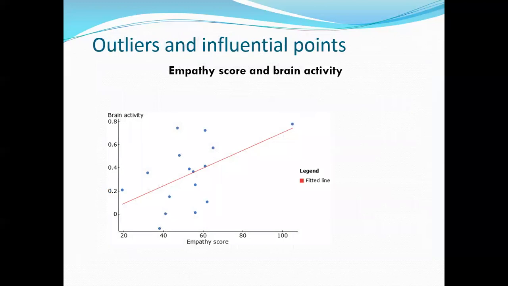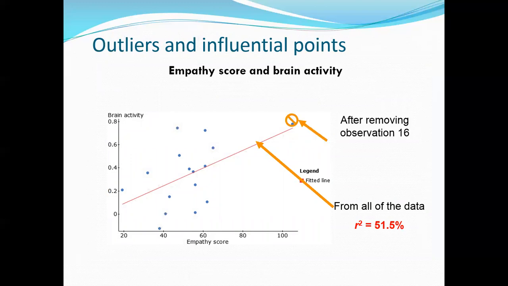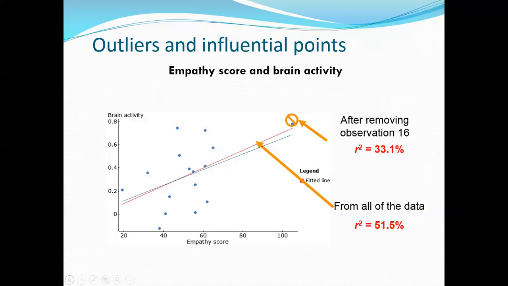So here we have the empathy score and brain activity. From all the data, R squared equals 51.5%. After removing the 16th observation, our least squares line is shifted, and R squared is 33.1%.